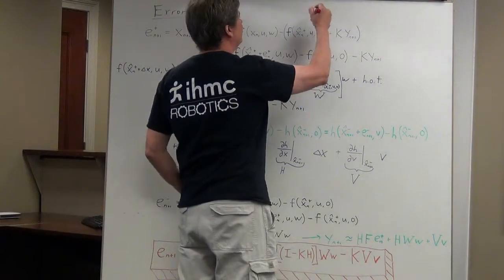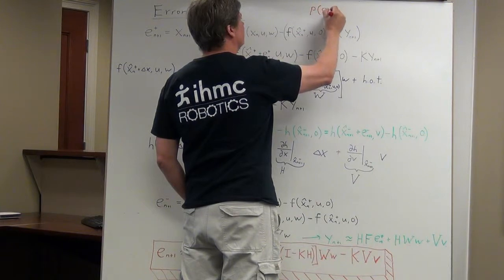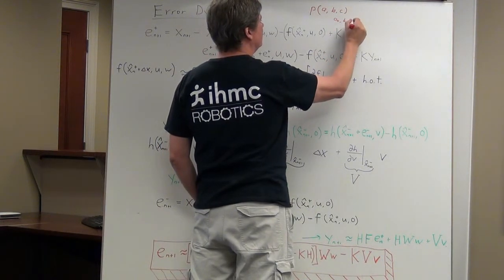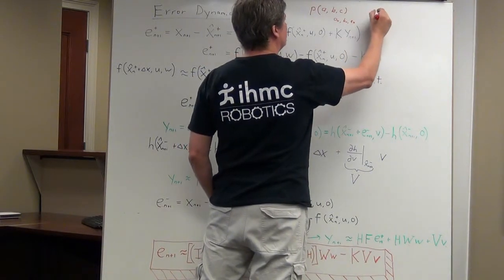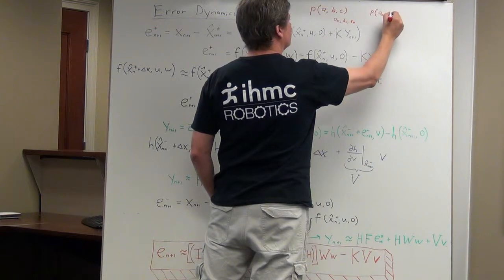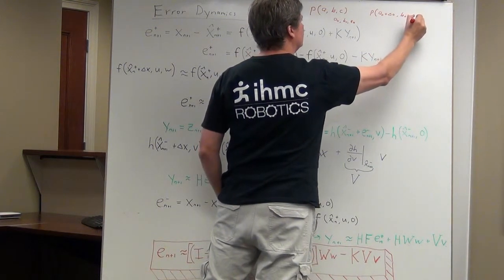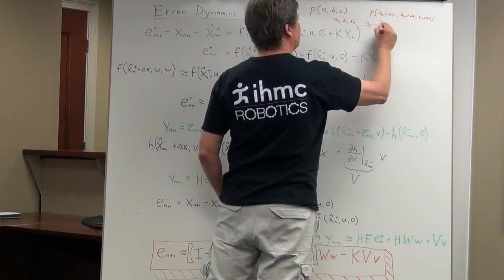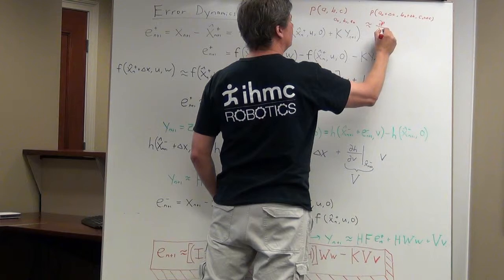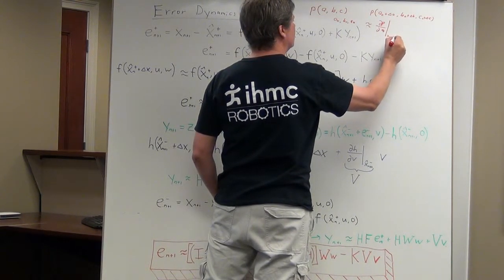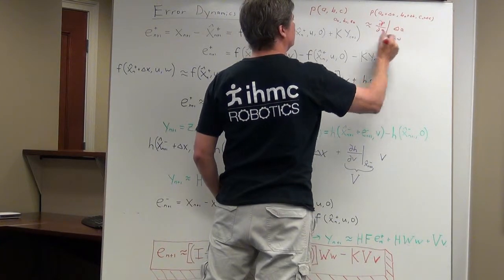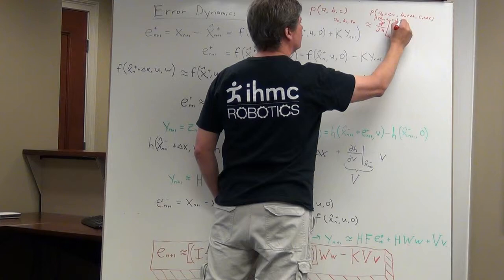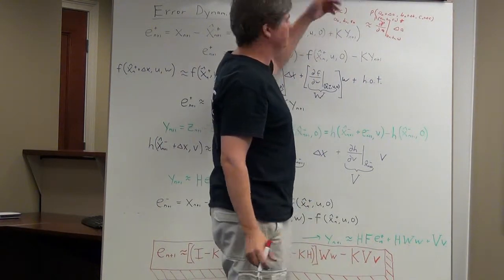Just in general, if you have some function p of inputs a, b, and c, and you want to linearize that about a naught, b naught, and c naught, then you'd say that p of a naught plus delta a, b naught plus delta b, c naught plus delta c is approximately equal to p of a naught, b naught, c naught, plus the derivative with respect to the first variable a evaluated at a naught, b naught, c naught, times delta a, and so on. There are just three variables in the function.